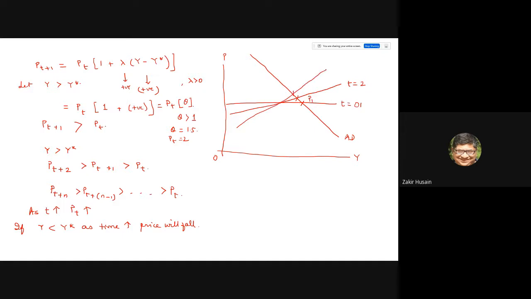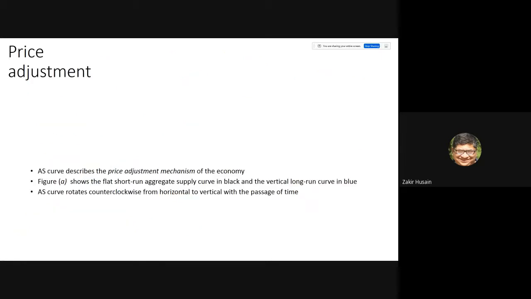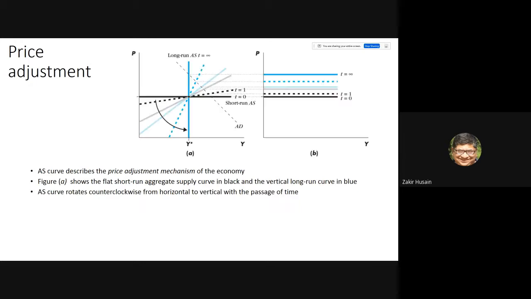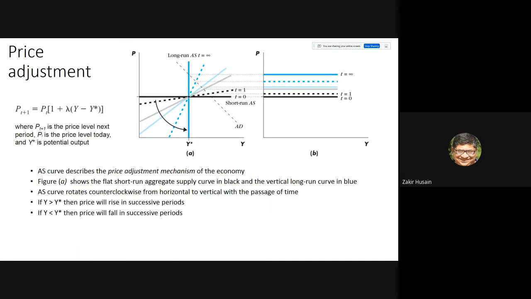So this is P1, this is P2, this is P3. Okay, so this is how I have drawn this diagram. This is the adjustment mechanism.